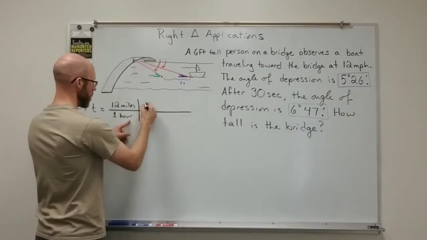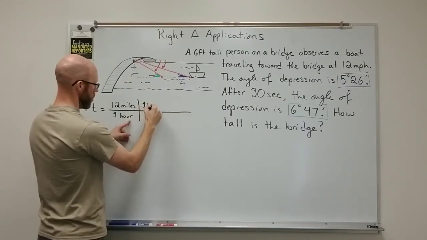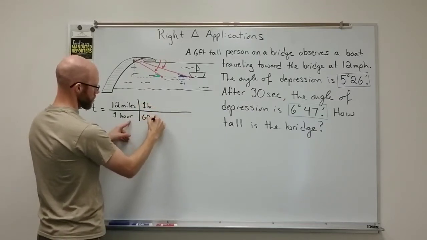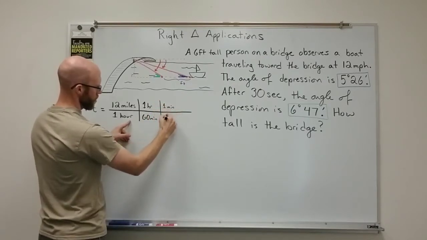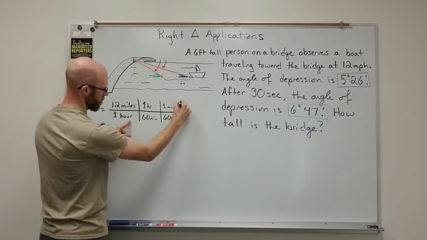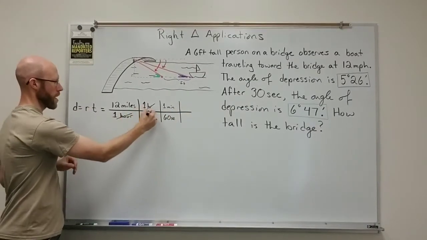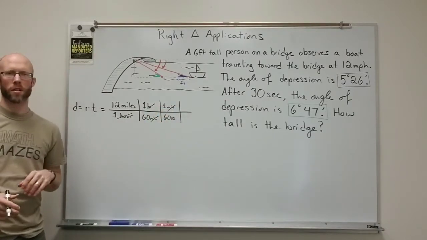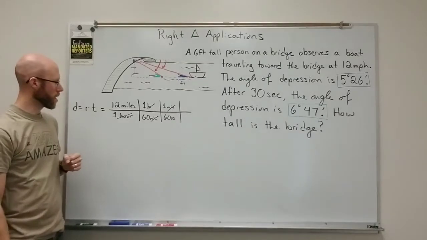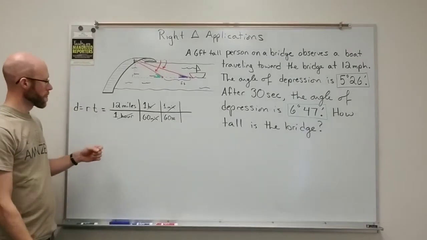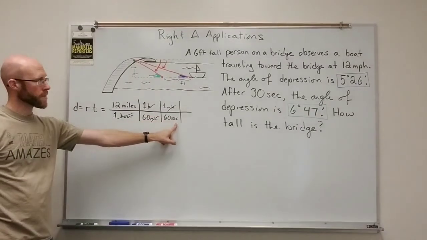Well, I know that in 1 hour, there are 60 minutes, and in 1 minute, there are 60 seconds. So that converts this, if I cancel out my hours and my minutes, remember, we talked about unit canceling when we did unit analysis in some previous videos. This would give me miles per second.